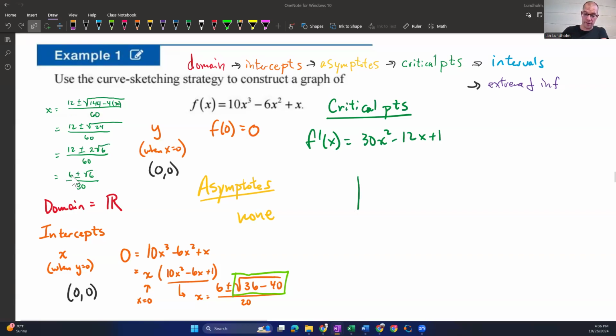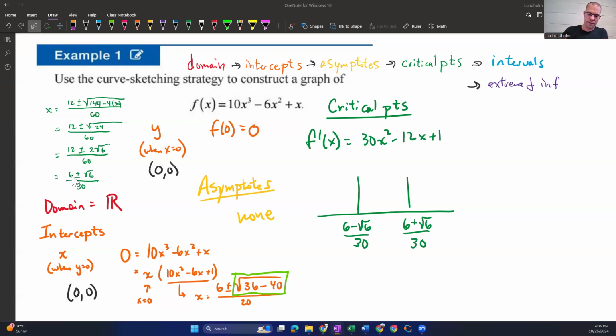So for our first derivative test, we've got the points (6 minus the square root of 6) over 30 and (6 plus the square root of 6) over 30. Both of those are positive numbers because 6 is greater than the square root of 6.